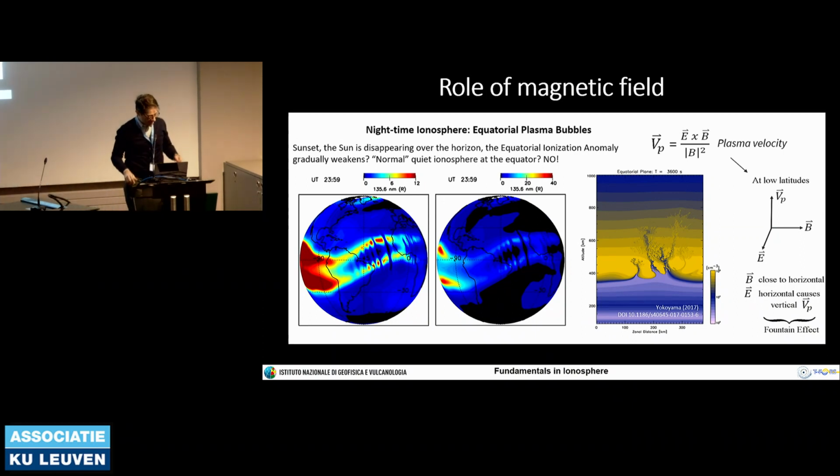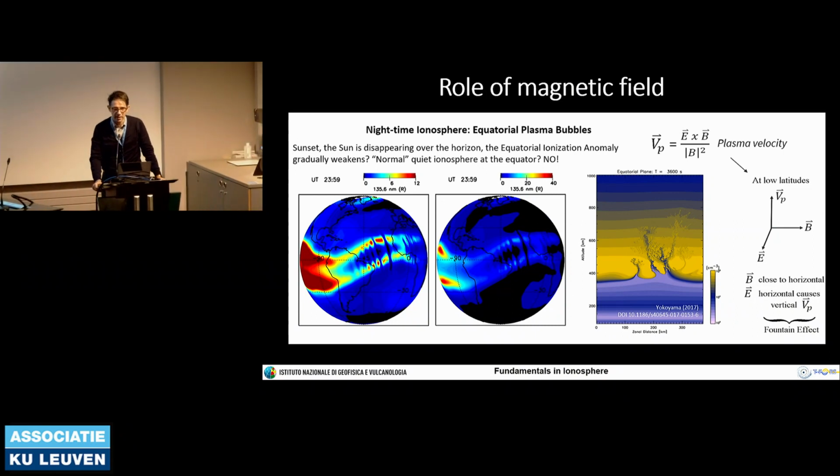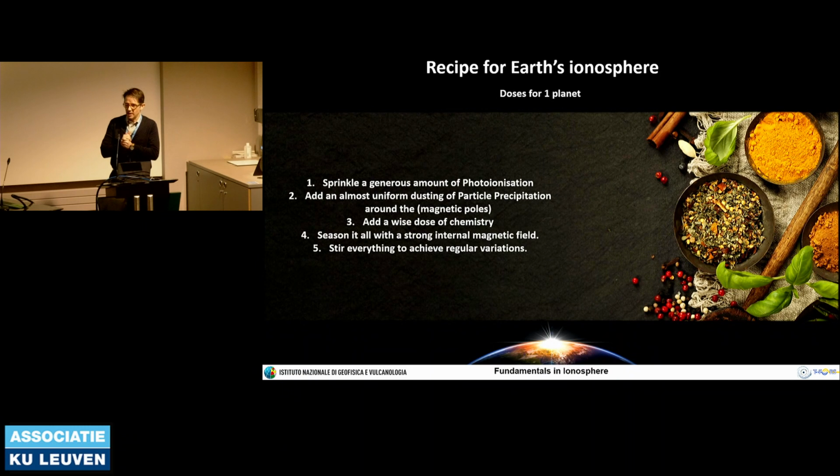They are a very regular, but not completely regular, phenomenon occurring mostly at the equinoxes under high solar flux conditions, and are really big trouble for GNSS-based positioning, for instance. Okay, we have almost finished the recipe.